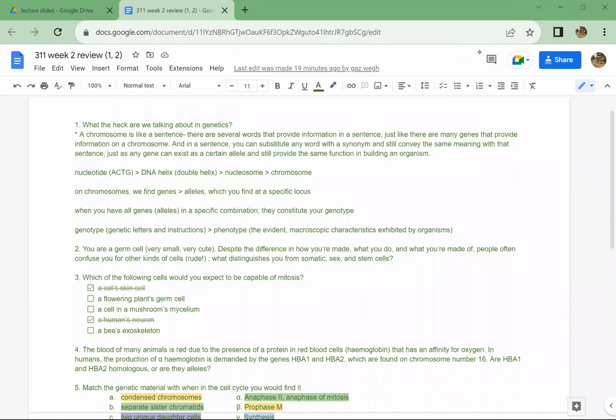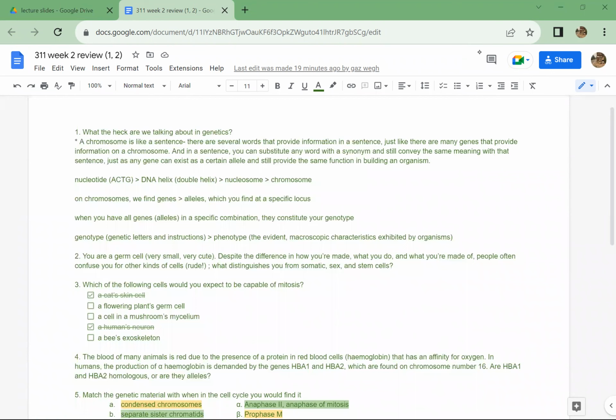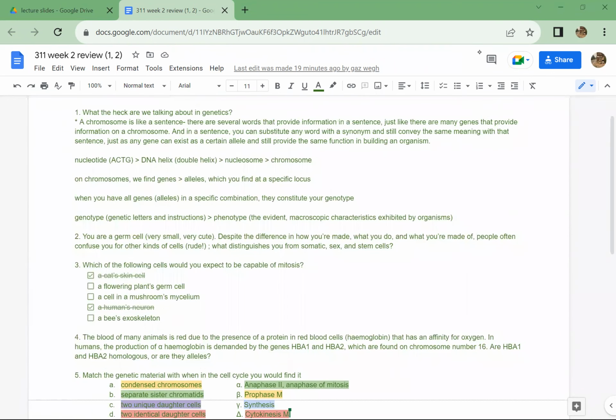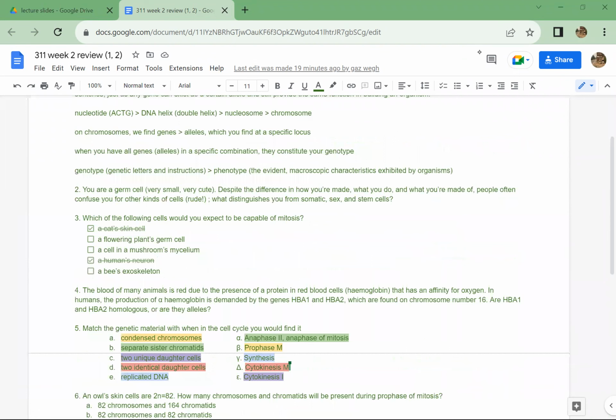So we went through the basics of genetics, some very foundational ideas and definitions that we will need throughout the semester. We talked about the different kinds of cells and what kind of processes they undergo, which cell cycles they usually enact.